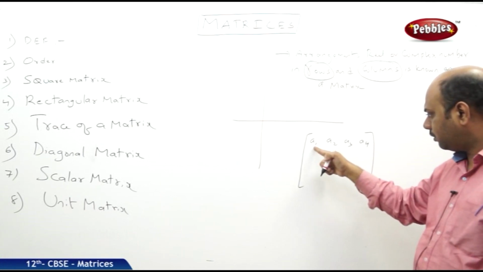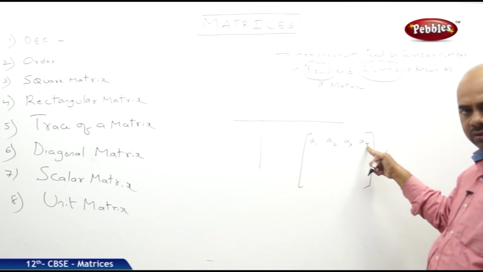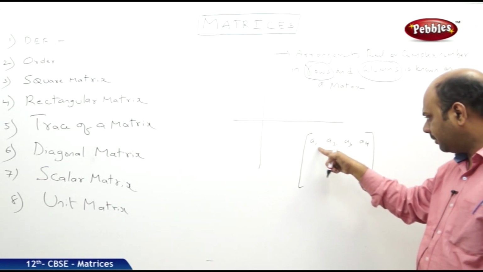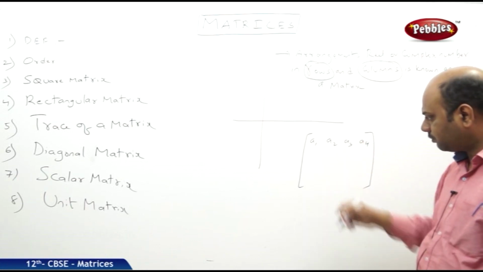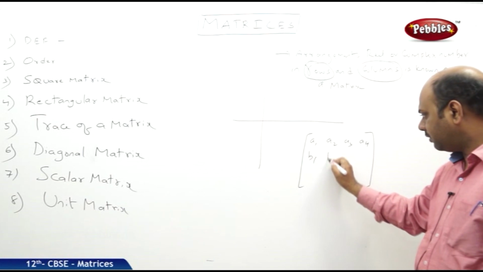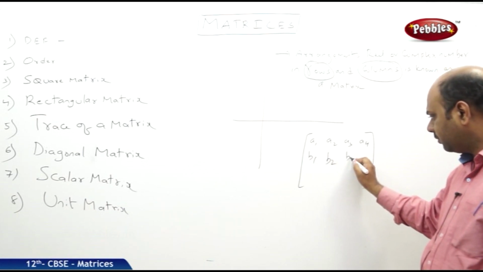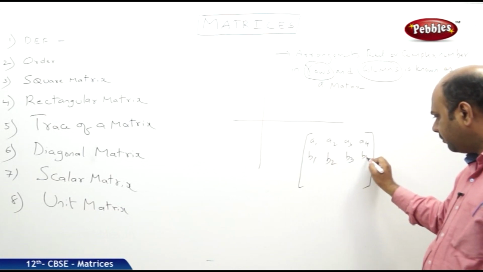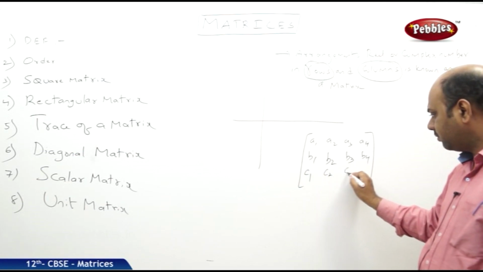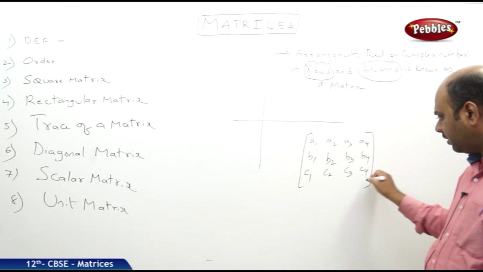If you observe carefully, all these elements are in a row. That means elements are in a horizontal line. So this we call a row. And later here I will write B1, B2, B3, B4, and next C1, C2, C3, C4.